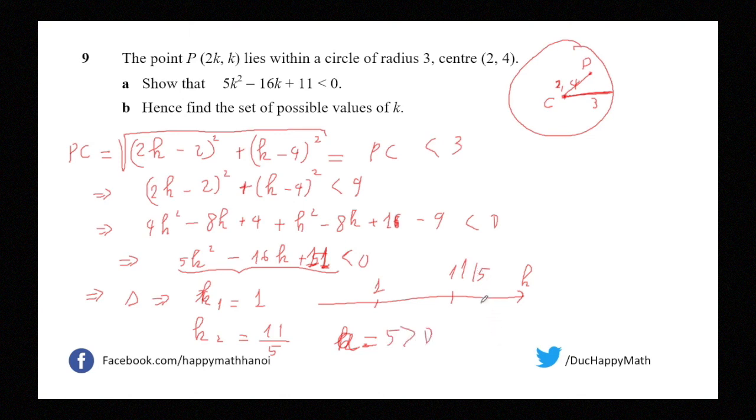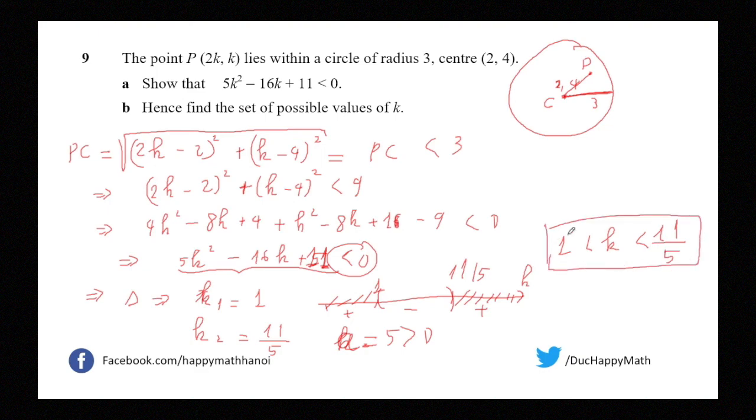So it is plus, minus, plus. Less than 0 means I have to take the interval within 1 and 11 over 5. So the value of k will be 1 less than k less than 11 over 5. So this is the solution of question B.